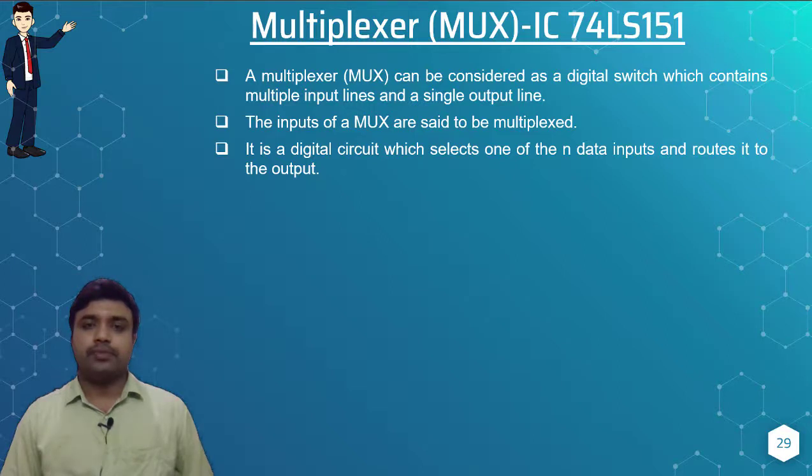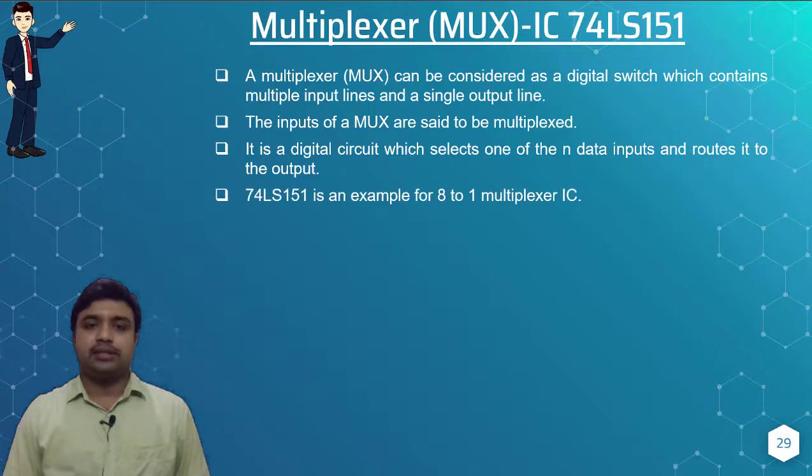That means from the available input lines, the required input combinations to perform the valid output operation are going to be selected. And 74LS151 is the IC that is considered to be a multiplexer IC. It is an 8 by 1 multiplexer IC.